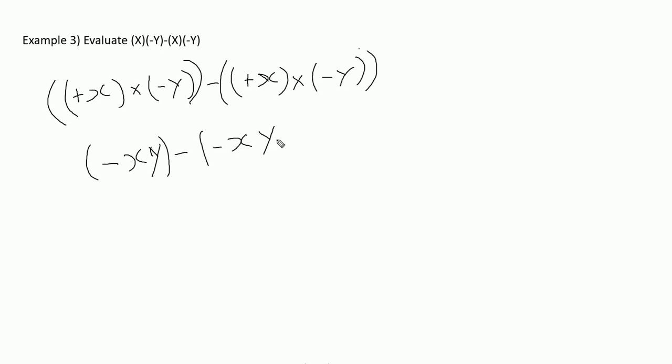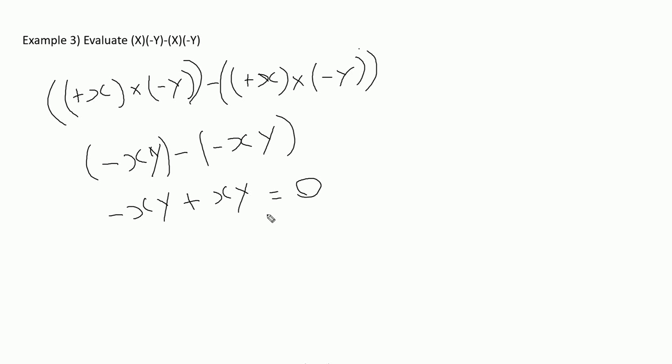You see, things are getting a bit complicated now because you have to remember that this negative sign is still here, and be careful not to simply write this one negative on its own. You have to keep track of all your minus signs. So now you can perform this minus, and now we see we have a minus minus situation. So really we have minus xy plus xy, which equals 0.